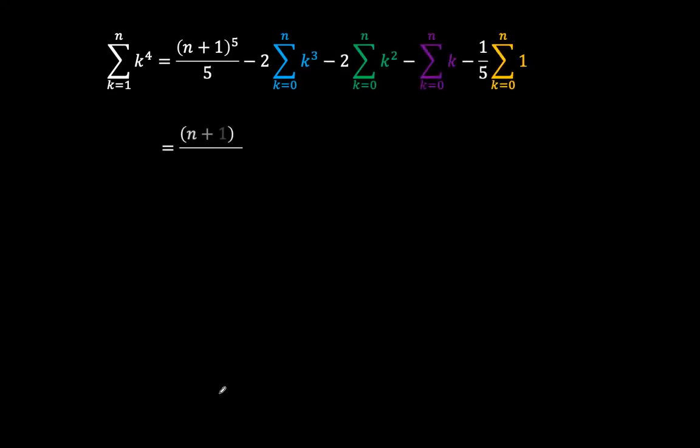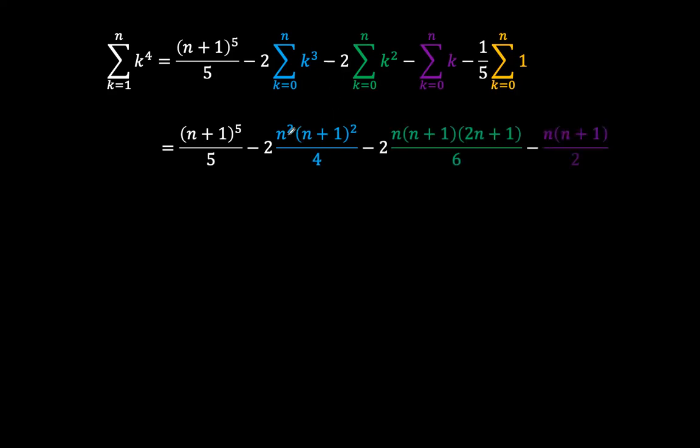Substituting all that into now the equation for summation of k to the power 4 from k equals 0 to n is going to be now n plus 1 to the power 5 over 5 minus 2. In place of summation of k to the power 3, we have n squared times n plus 1 squared over 4, and in place of summation of k squared, n times n plus 1 times 2n plus 1 over 6, and so on and so on.